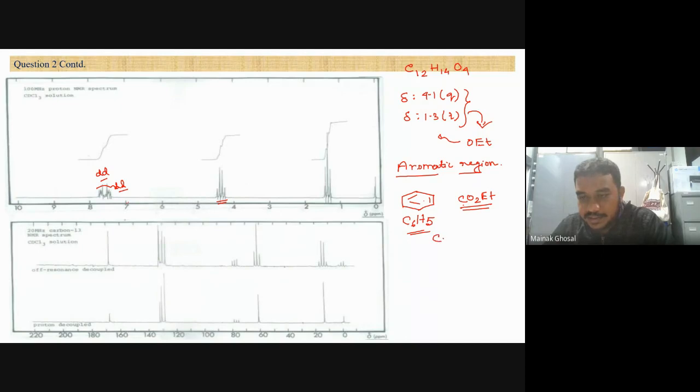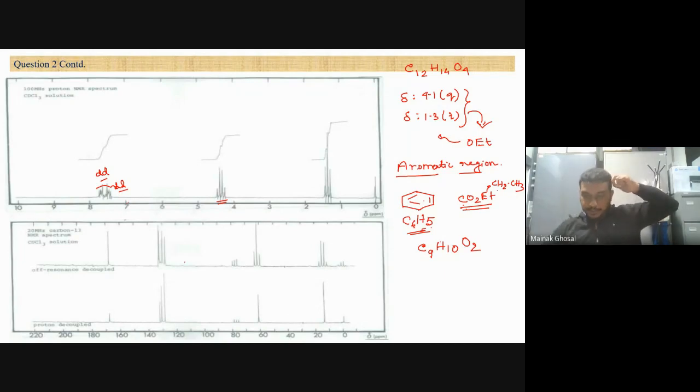Count it: Et means CH2CH3. C6, 7, 8, 9. So C9, H5, 2, 7, 3, 10. C9H10O2. This is the group you have already obtained.